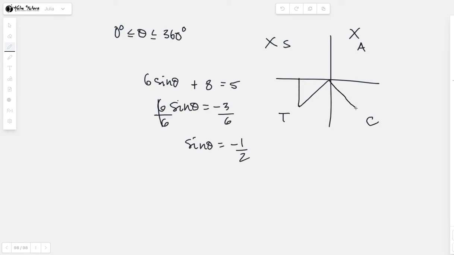So just draw your reference triangles and label them so that the sine is 1/2. The negativeness and positiveness you don't have to pay attention to, because you already took care of that by figuring out which quadrant you are in. So we don't care that there's a negative in front of the 1/2.